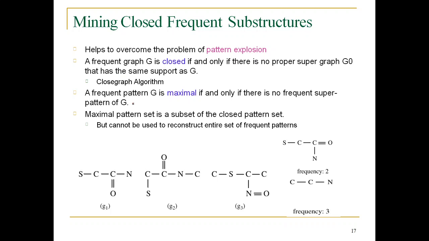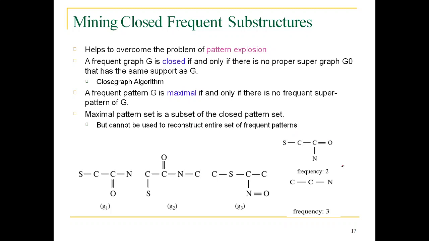So here we are going to find out the maximal pattern if and only if there is no frequent super pattern in G. So a maximal pattern set is a subset of the closed set. You can reconstruct the entire set using the closed frequent patterns, whereas here we cannot reconstruct the entire set of the frequent patterns.